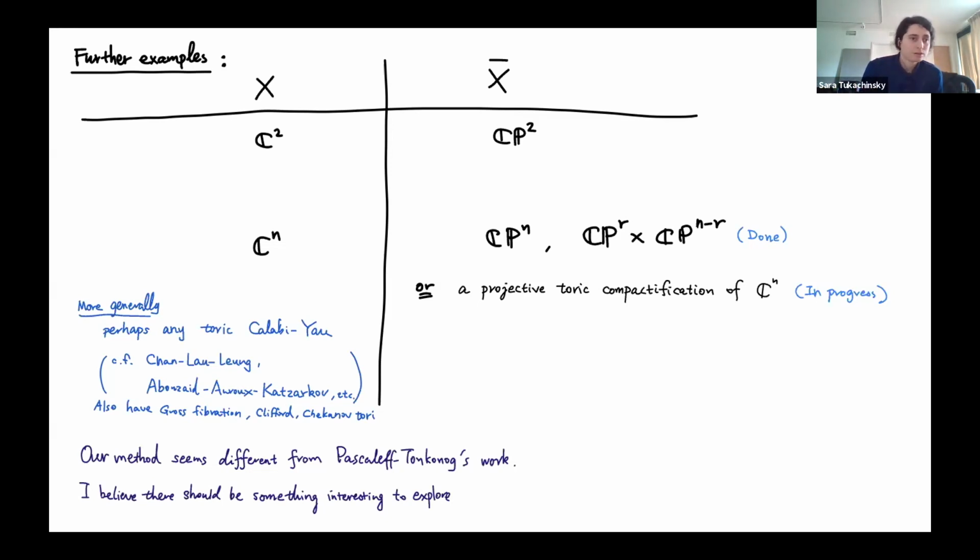Maybe I'll start with one. You get those relations between the potentials for the Chekanov and the Clifford, can you also say something about Vianna's exotic tori?